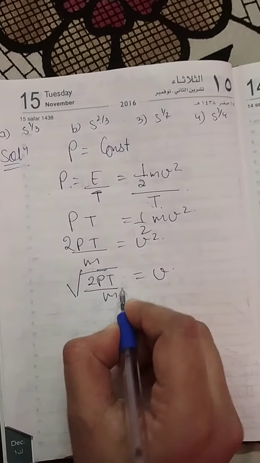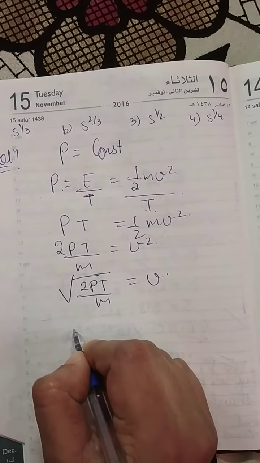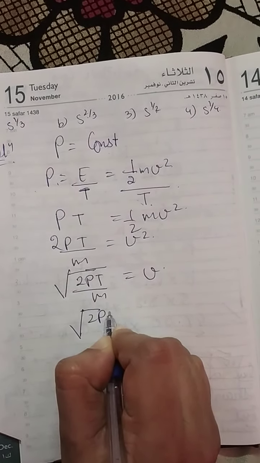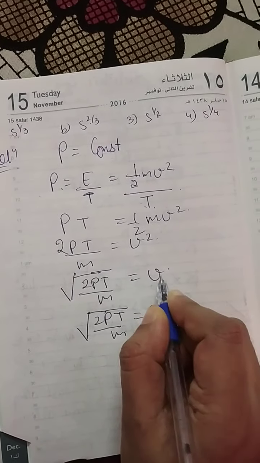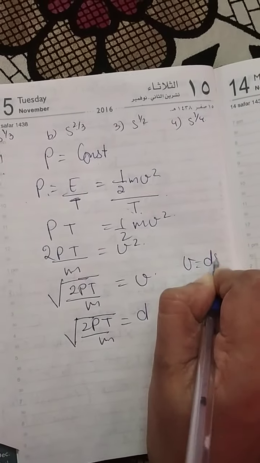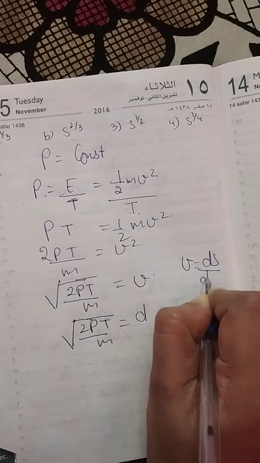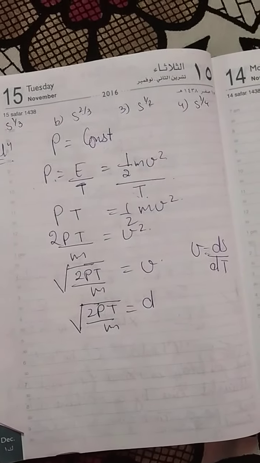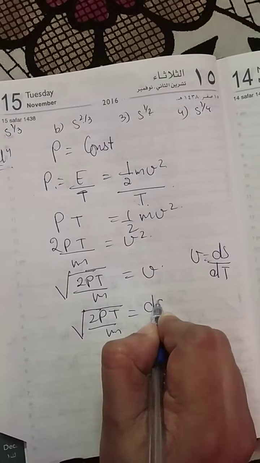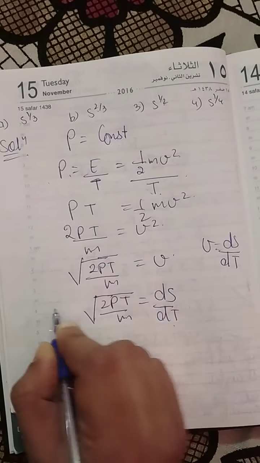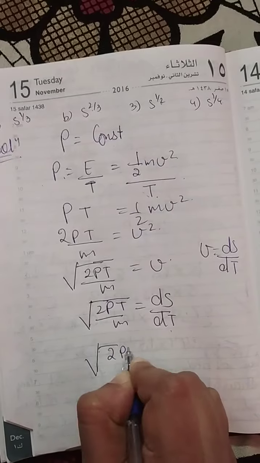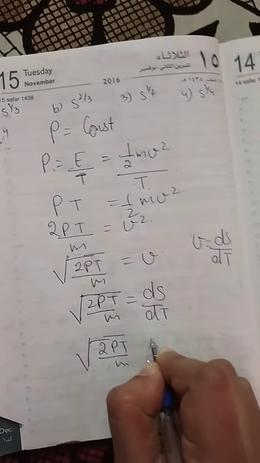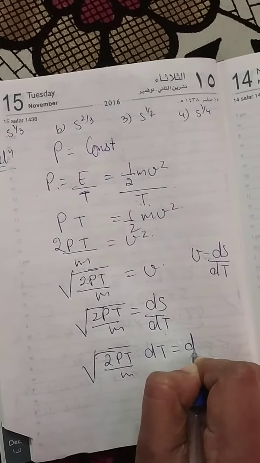Students, carefully note down that 2Pt upon m under root is equal to v. Since velocity is displacement upon time, ds by dt, the rate of change of displacement is velocity. So can I write ds by dt equals under root of 2Pt upon m, and so under root of 2Pt upon m into dt is equal to ds?